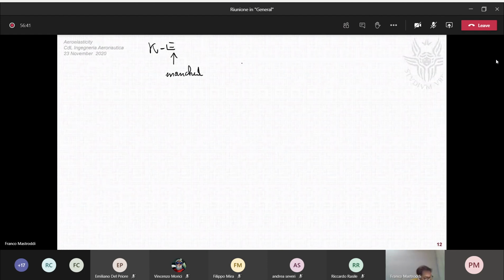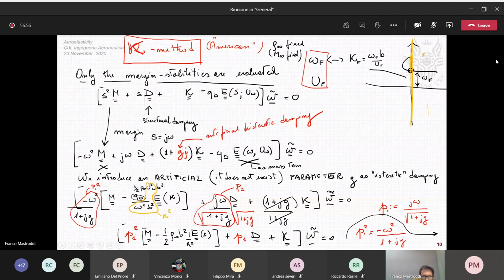For the enhanced method, we have another definition for the p variable. We start by the same equation, this equation here, and let me rewrite this asterisk equation.